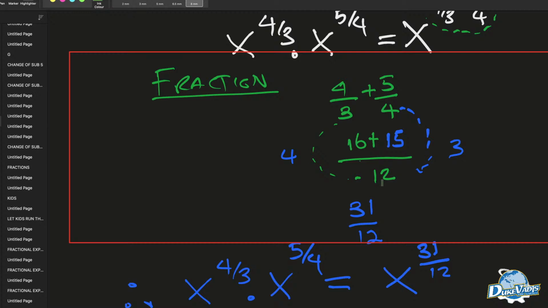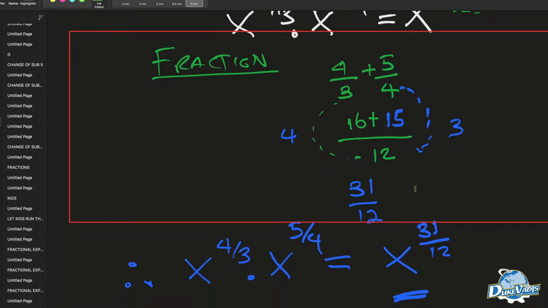Then 3 goes into 12 4 times, so the 4 multiplies by 4 and we have 16. And 4 goes into 12 3 times, and we multiply 3 by 5 to get 15. The summation of 16 and 15 gives us 31 over 12. So the whole expression boils down to x raised to the power 31 over 12.